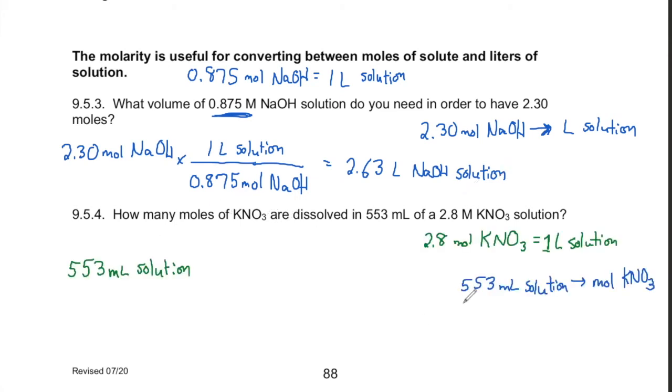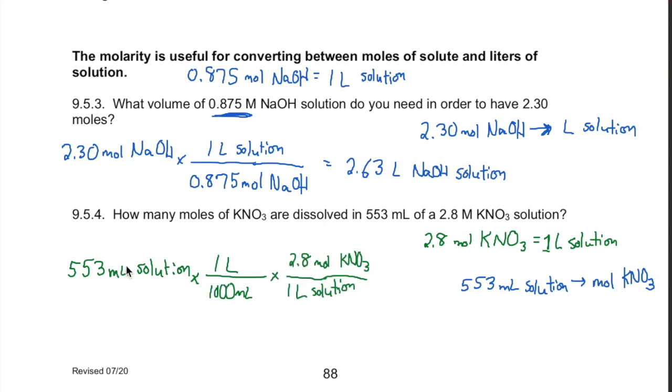So this next problem, we want to know how many moles of potassium nitrate are in 553 milliliters of solution. So we're converting, essentially, 553 milliliters of solution into moles of potassium nitrate. And this is one of the conversion factors that we can use, the concentration. Since the concentration has liters of solution in it, we should convert this to liters first, using whichever conversion factor you like, as long as it's true.